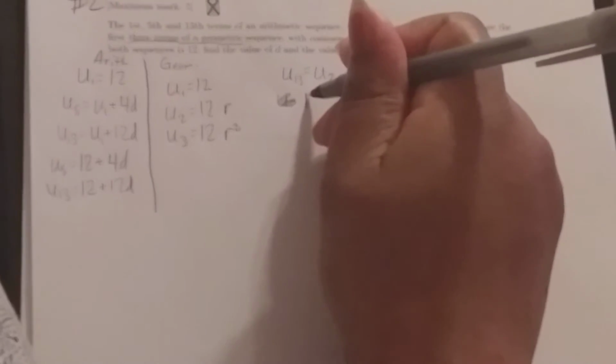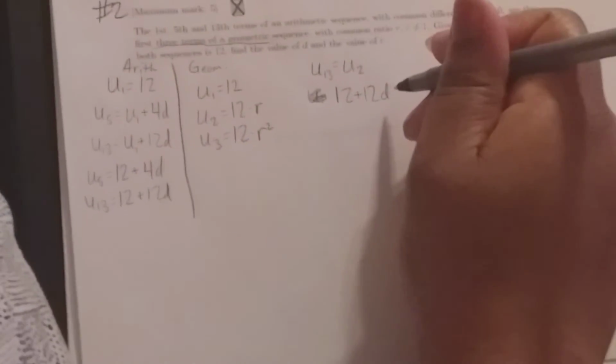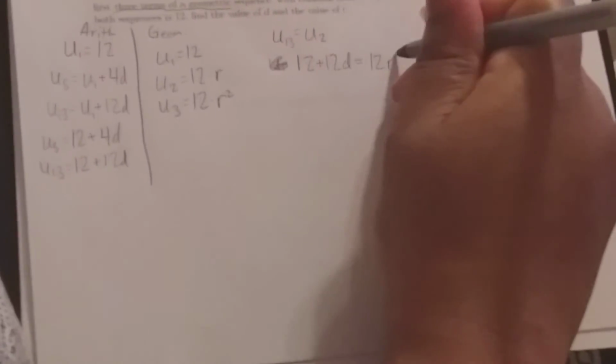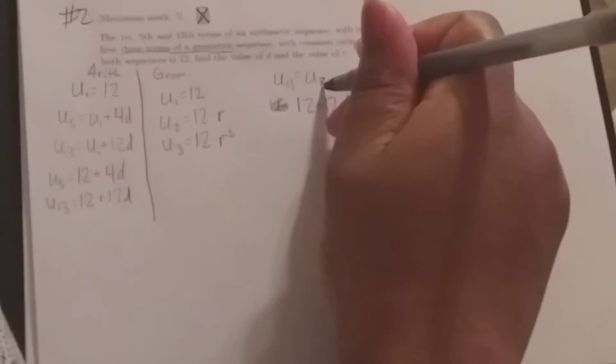So u sub 13 is equal to u sub 3, which is 12 plus 12d, equal to 12 r squared. I said u sub 3 there, but it should be u sub 2.